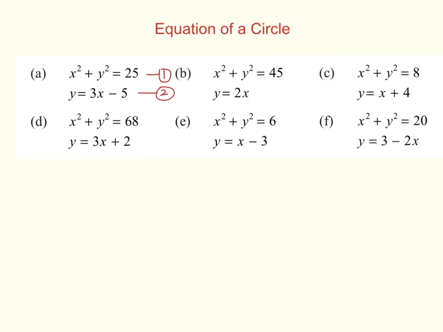I'm going to make the assumption here that you can solve a pair of simultaneous equations via the substitution method. If you can't, it might be an idea to go and check out one of my other videos on the substitution method. But let's go. What we do here is, y is already the subject, so I'm going to substitute this whole equation into there.